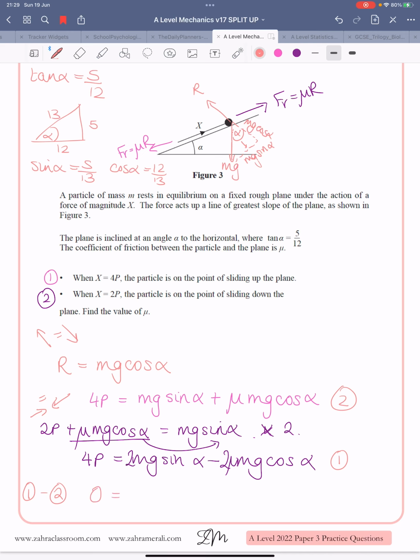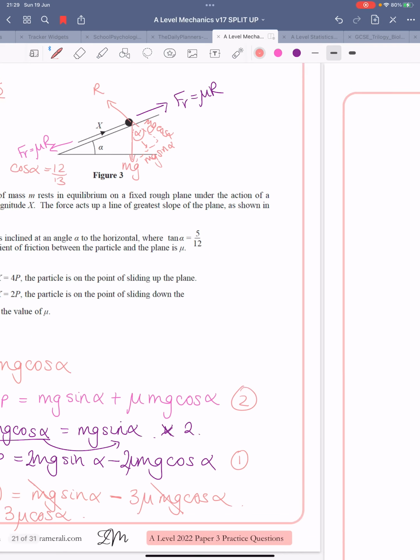2mg sine alpha minus mg sine alpha is just going to give me mg sine alpha. Minus 2 minus 1 more is going to give me minus 3 mu mg cos alpha. I can cancel the mg's out, and I end up with sine alpha equals 3 mu cos alpha.